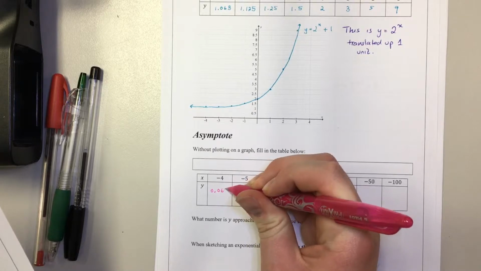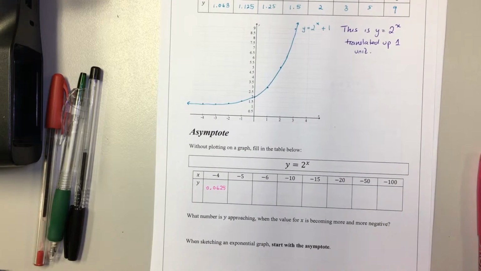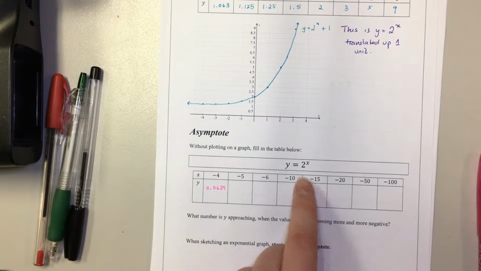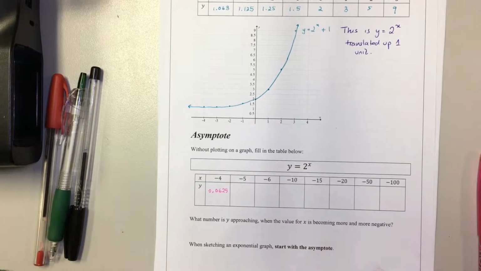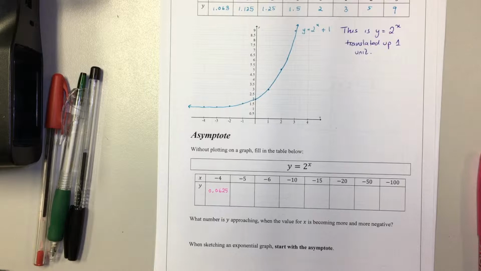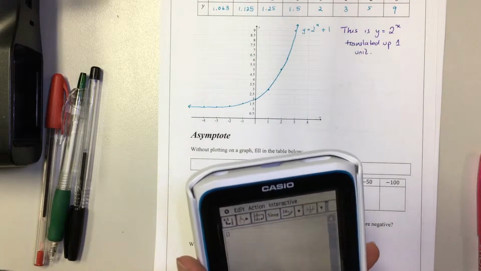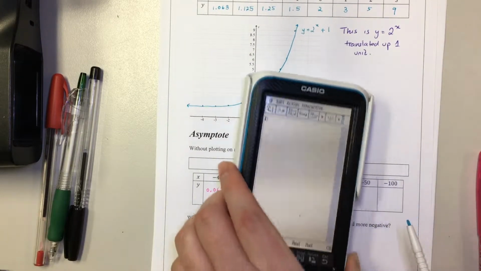What I'd like you to do, as a group, is go and fill in this table where you're substituting each of these numbers in for x. Now, when you do this in the calculator, if you've not encountered this before, I would like to introduce you to something with a little small e. I'm going to start by doing 2 to the power of negative 100.